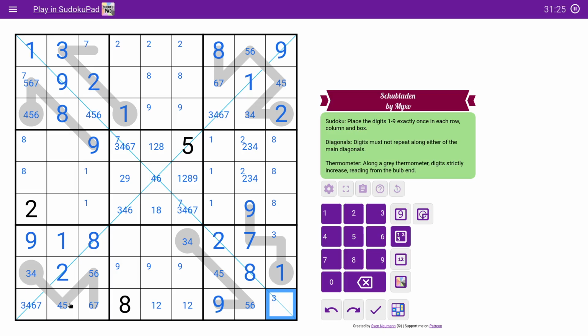Because if this is 4, 3, 6, 7, can this be 6, 7? If this is 6, 7, that's 5, that's 4, that's 3. Okay. Well, anyhow, this is definitely not 5 because it screws up the row. So 3, 4, 6, 7.